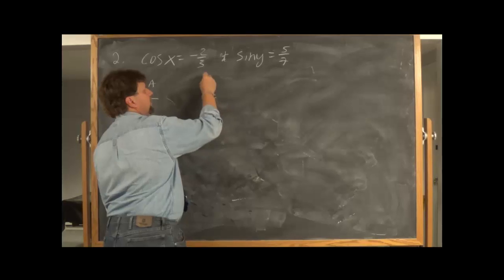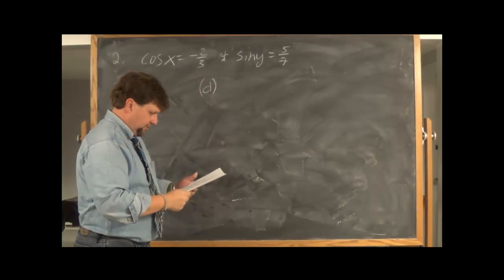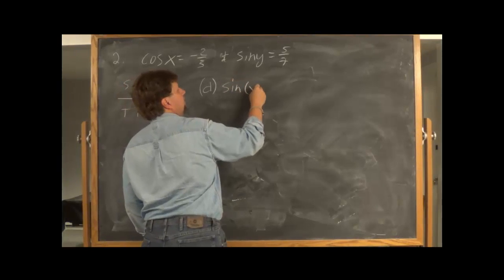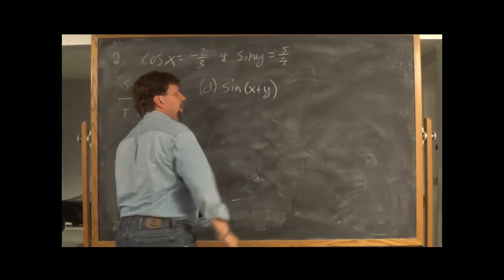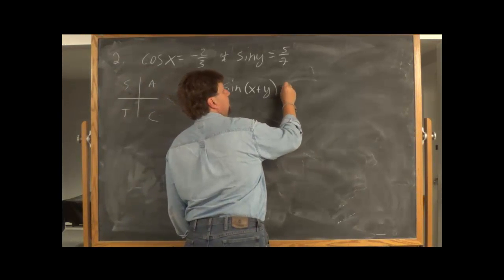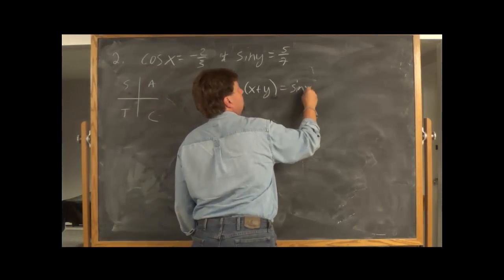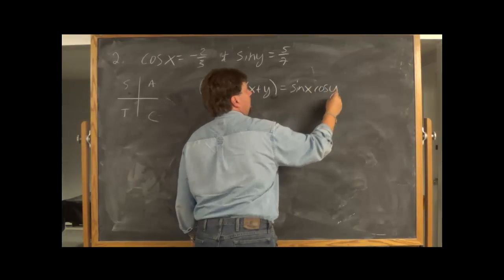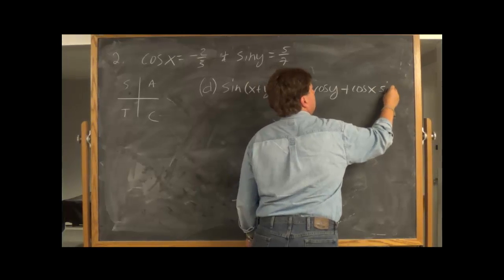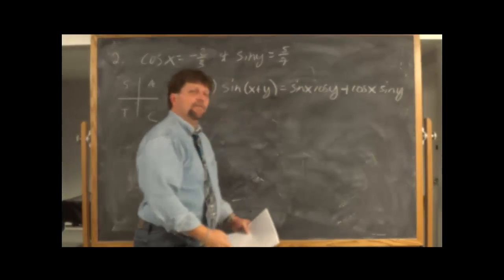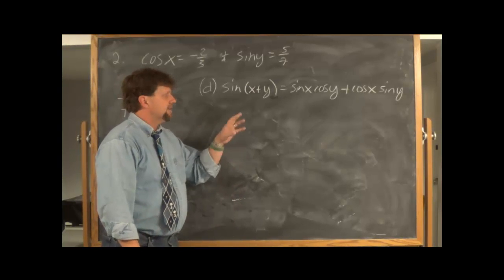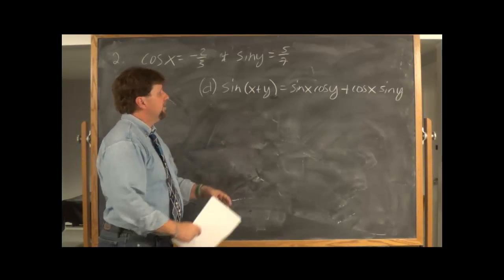All right, folks, in part D, we are doing the sine of x plus y. And the key here is knowing the identity for sine of x plus y. That identity is the sine of x times the cosine of y plus the cosine of x times the sine of y. And just like we saw in part C, now it's a matter of just substituting in what we know.